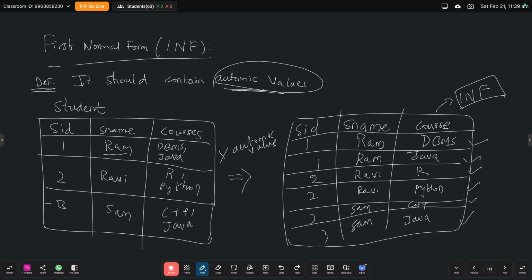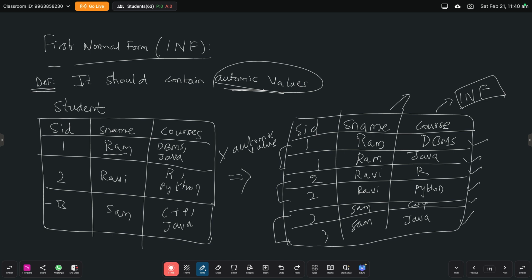Then what is the drawback here? Redundancy is there. How? We are making the same copy of data multiple times. That comes under the drawback of first normal form. Slowly, in each and every normal form, you will reduce that redundancy.